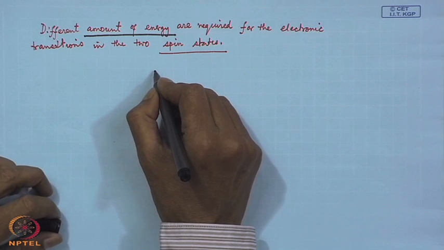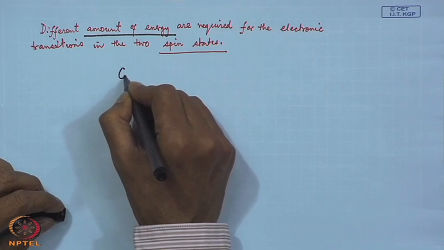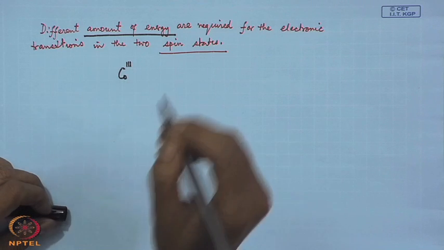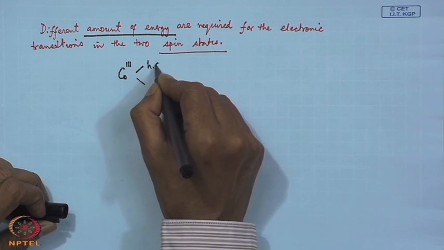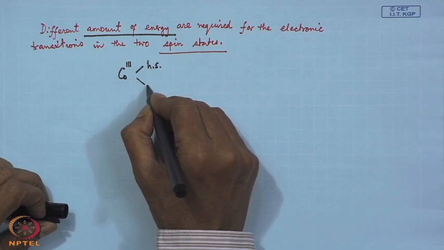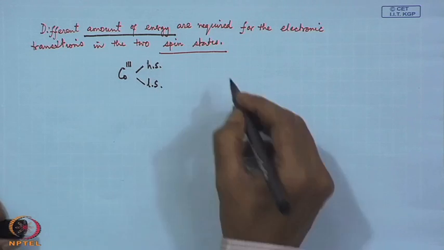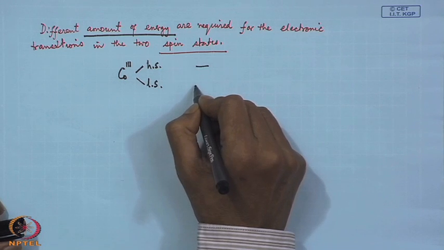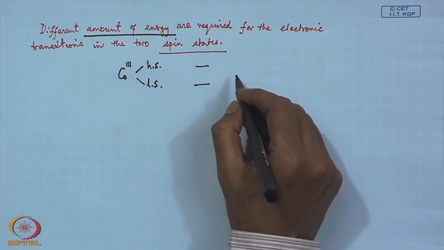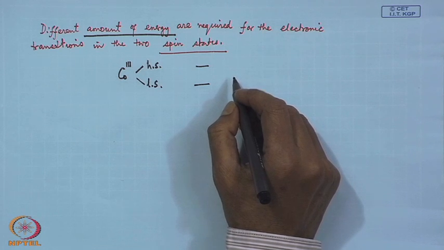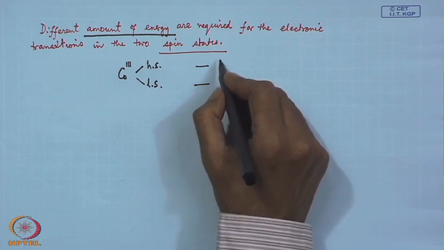So, what about these corresponding transitions, what is taking place based on this cobalt 3? It can be in the high spin or it can be in the low spin state. So, cobalt 3 ion in high spin and in low spin state, we have unpaired electrons in one particular d level, and the upper available d level in terms of the corresponding crystal field theory is also of d character.